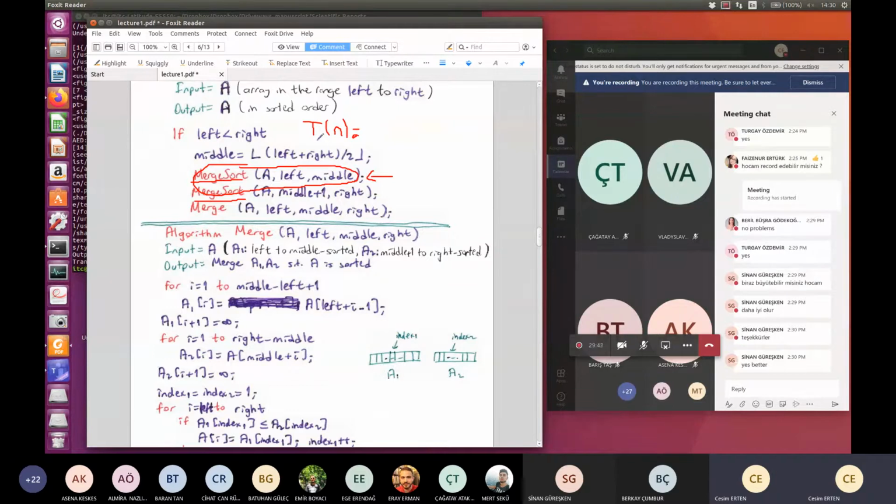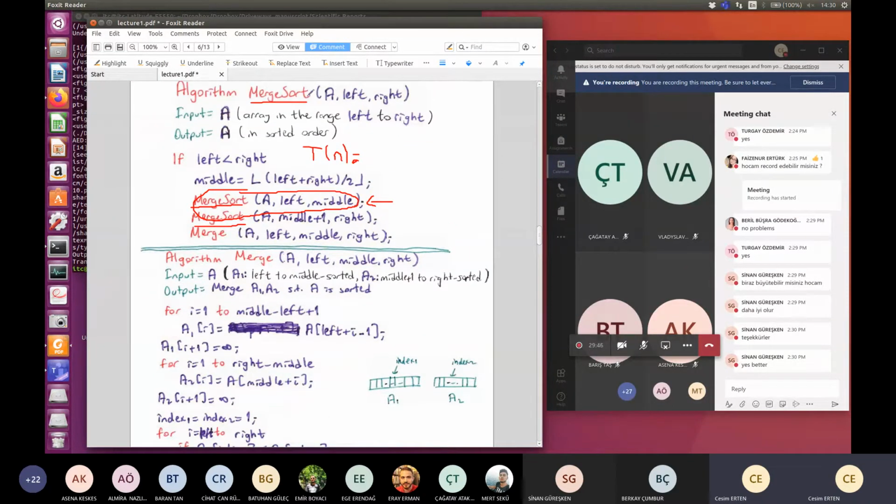Okay, so if T of n is describing the running time of merge sort on sorting n elements, what is the time spent for this merge sort call, which again does the same thing, but with a smaller instance?